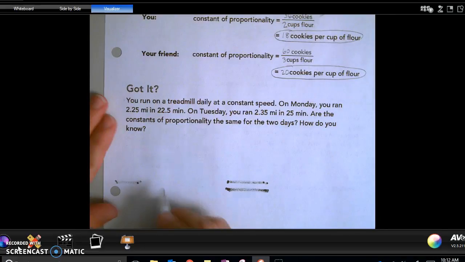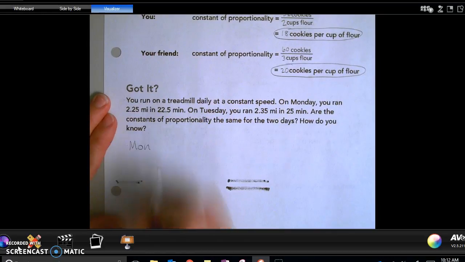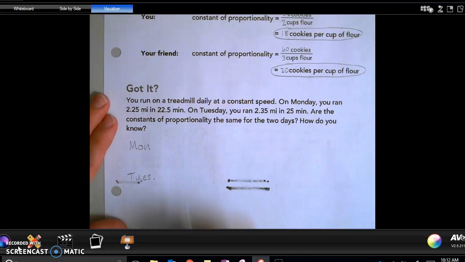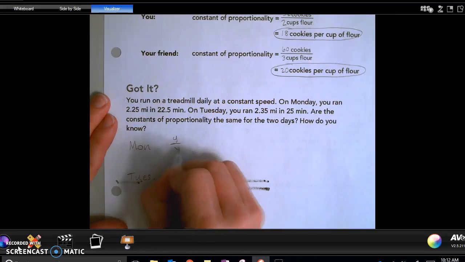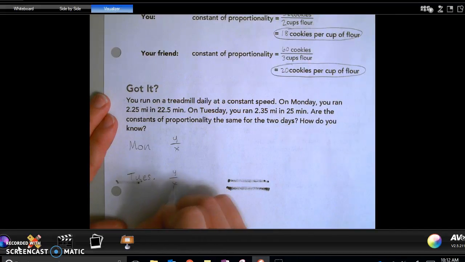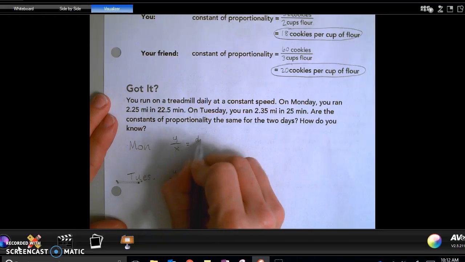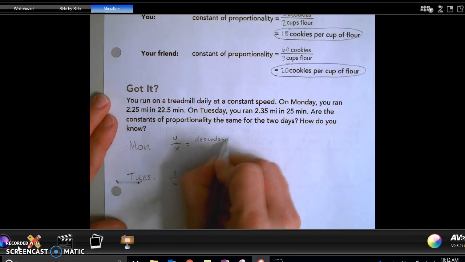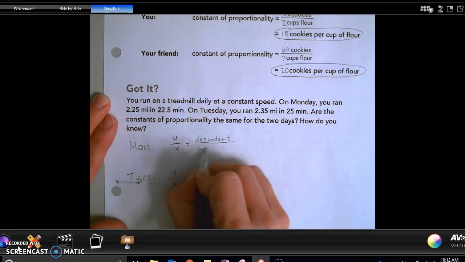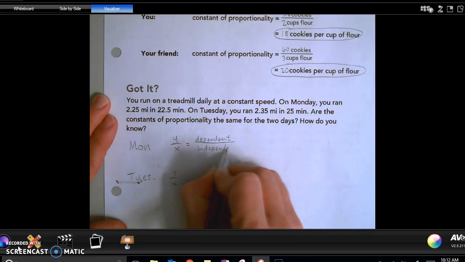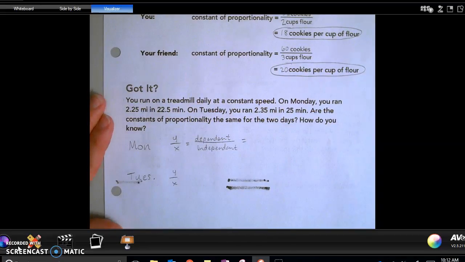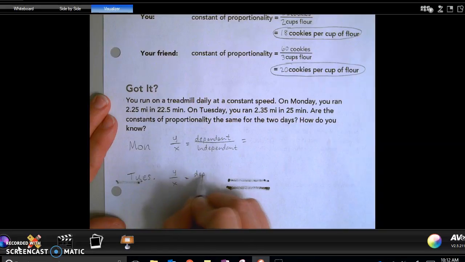How do you know? To set up your problem, we're going to look at Monday and Tuesday separately. Our constant of proportionality is y to x. Remember, y is your dependent variable and x is your independent variable. So you are looking for which value depends on the other.